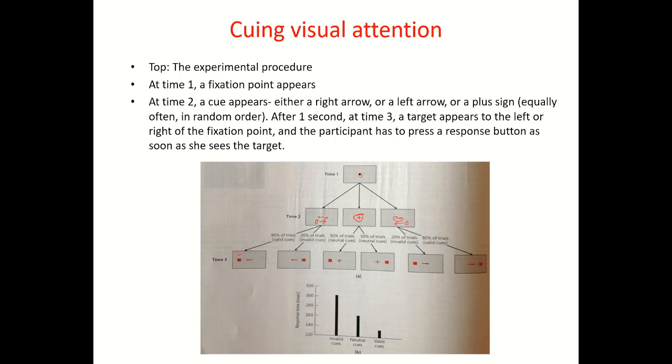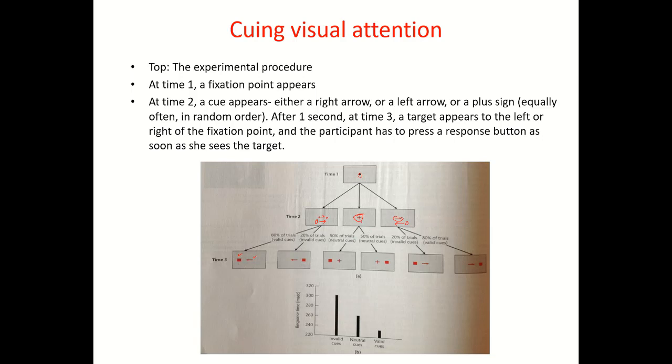So definitely in the case of a valid cue, the performance will be very high, like 100% correct, right? If someone pays attention, you know that the target will appear here, so you will respond quickly. The target is here and the reaction time will be short.